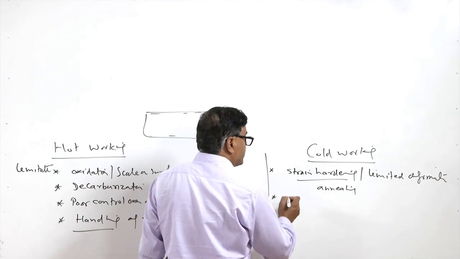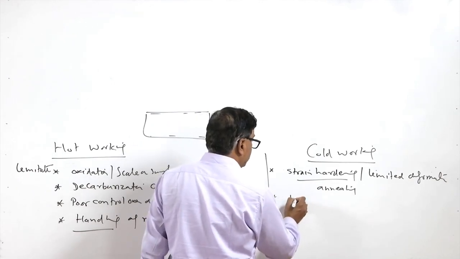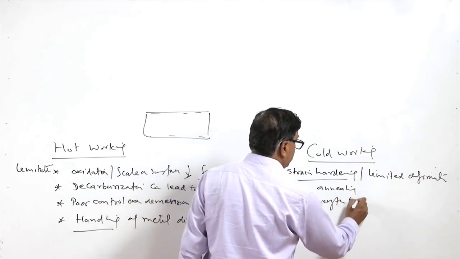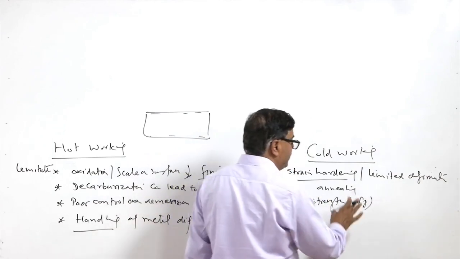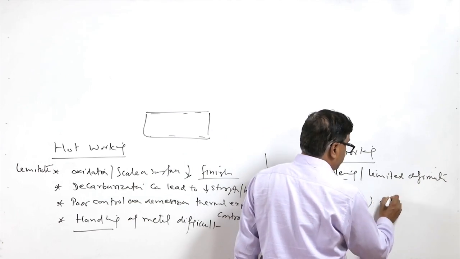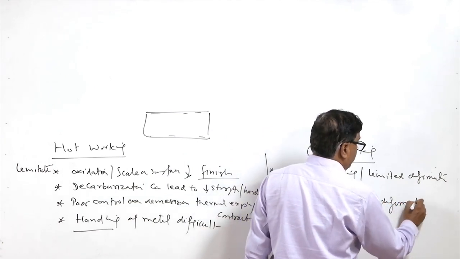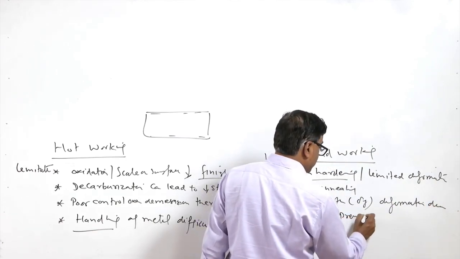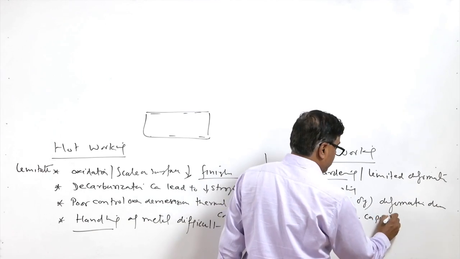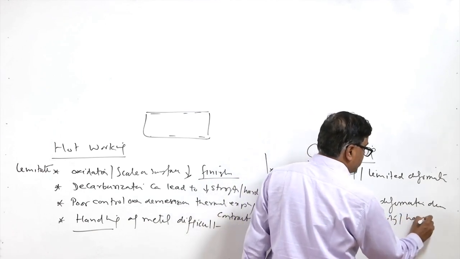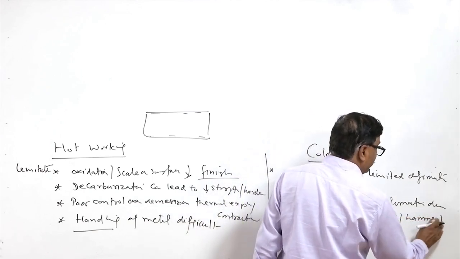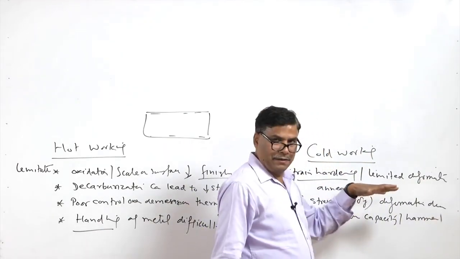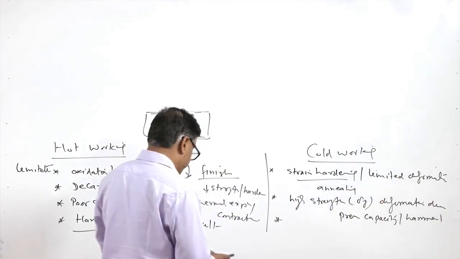And another one is limited deformation is also achieved due to the high strength or high yield strength, high sigma y value, which limits the deformation which can be achieved due to the press capacity or the hammer capacity, because we need very high capacity presses and hammers for causing the deformation in the metal at the low temperature.